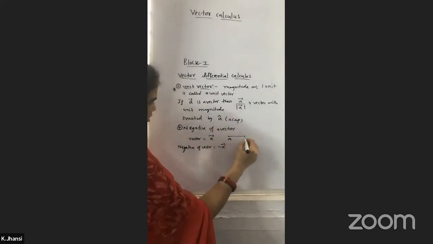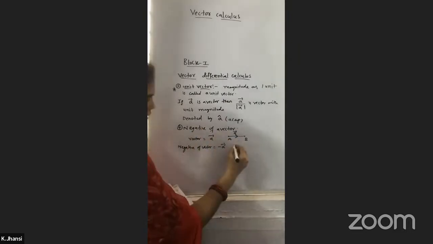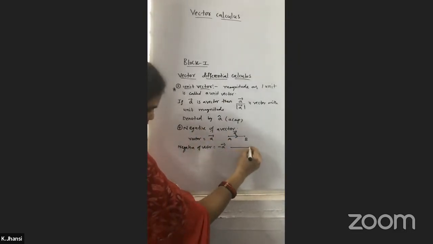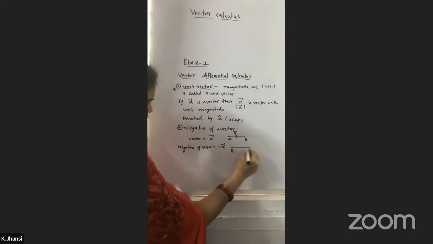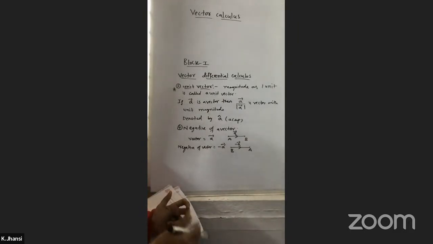If A to B is the vector A, the negative of vector A means from B to A. Like this representation, okay? Negative in the sense that instead of a positive you will have the negative value. So this is about the negative of a vector.